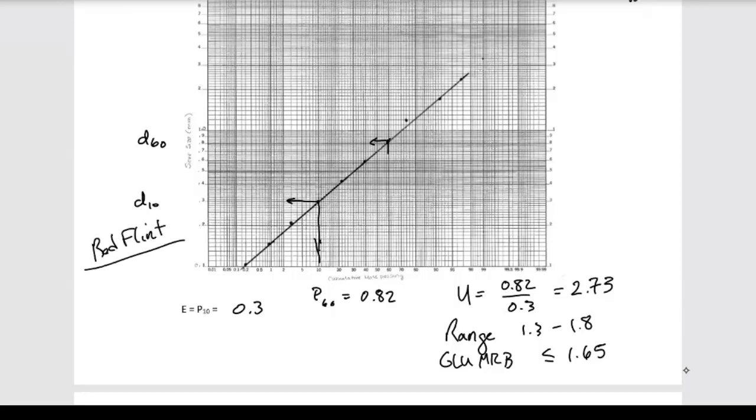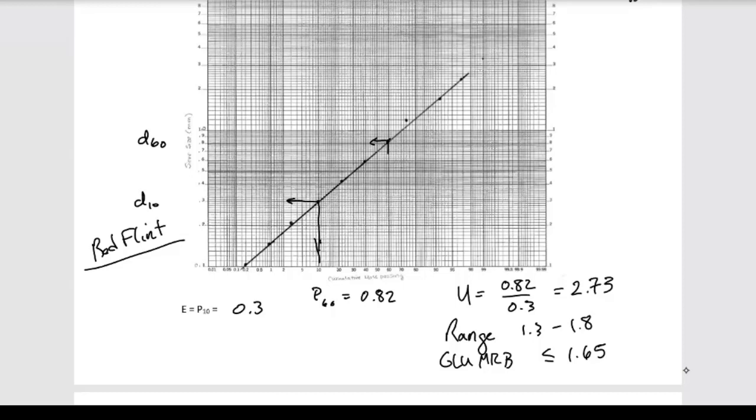So for your design project, there is a company, Red Flint. They're located in Minnesota, I believe. Minnesota or Wisconsin, I forget which now. They have the type of information that we need available on their website.